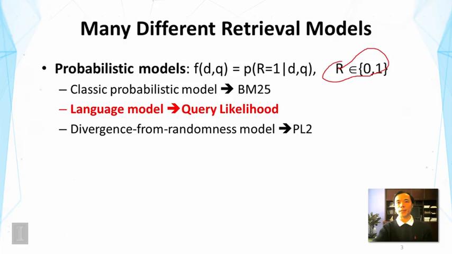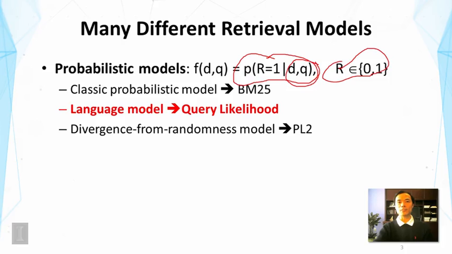And we also assume that the query and the documents are all observations from random variables. Note that in the vector space model, we assume they are vectors, but here we assume they are the data observed from random variables. And so the problem of retrieval now becomes to estimate the probability of relevance.